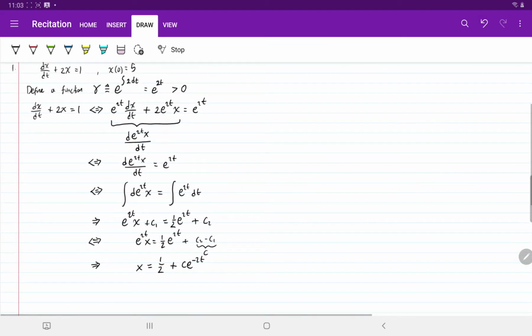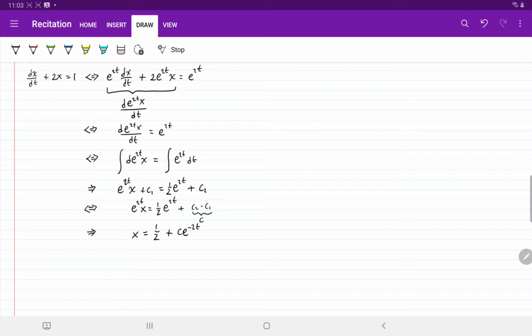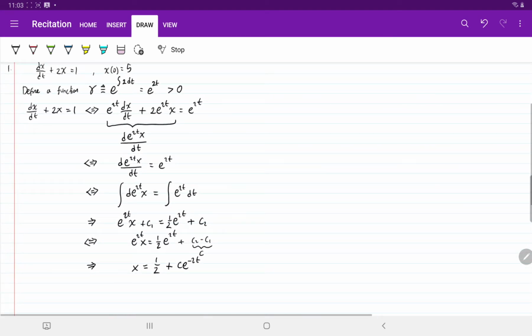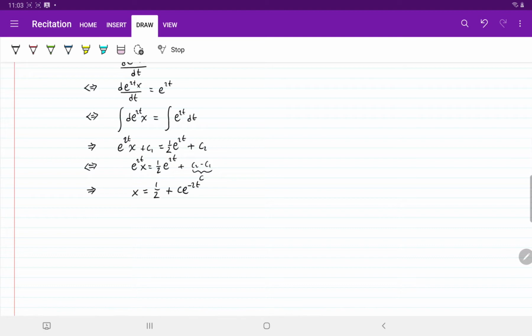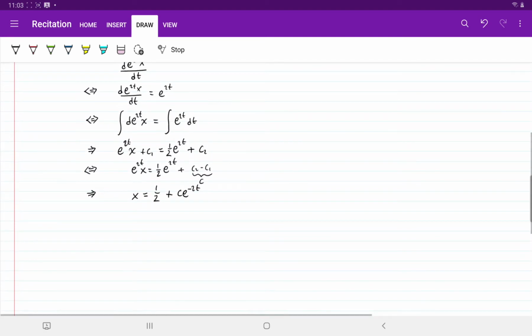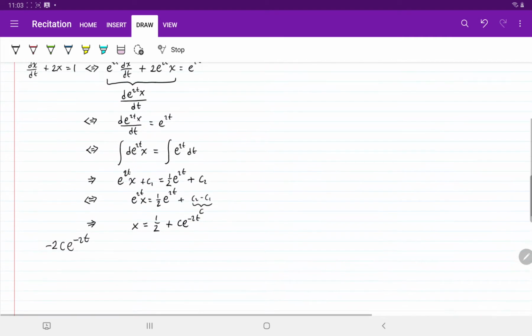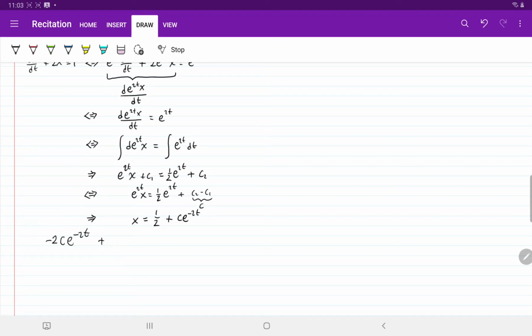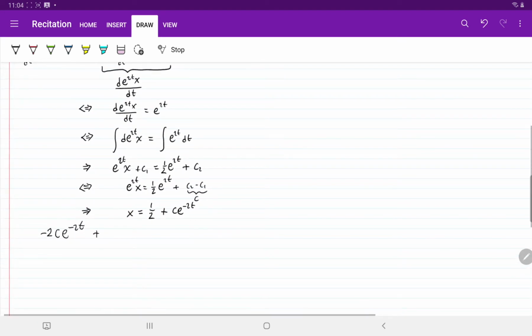So how do we know that this is the general solution? We simply compute it. dx/dt is -2c e^(-2t), plus 2x, which is 1 plus 2c e^(-2t), equals 1.